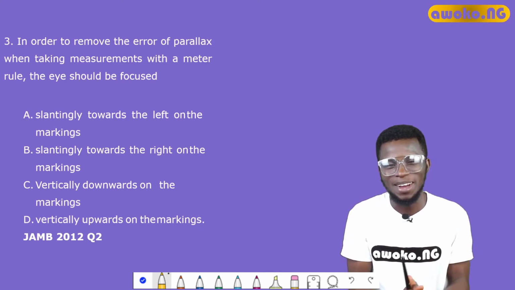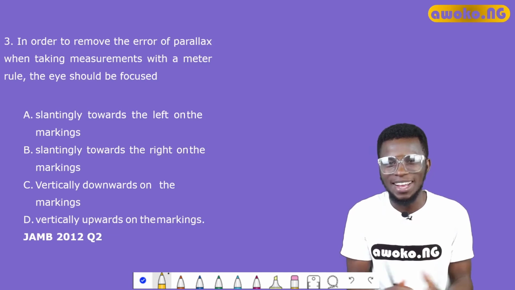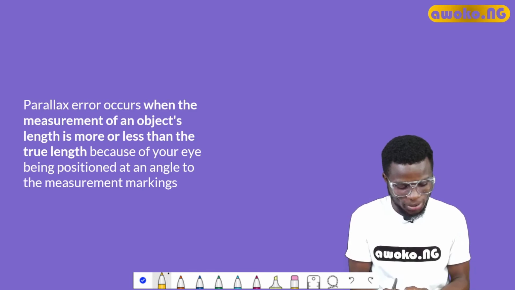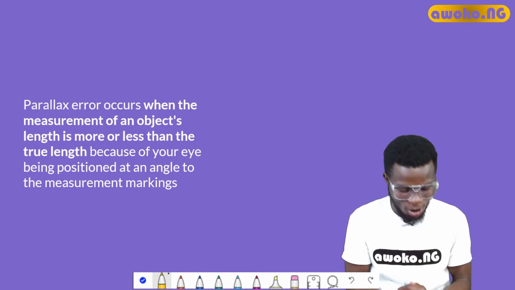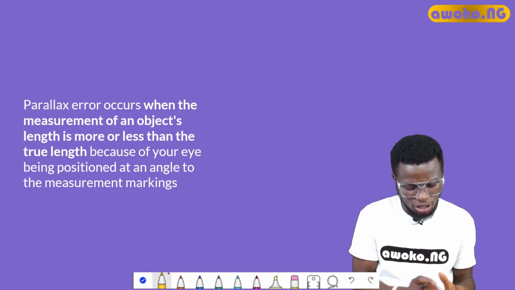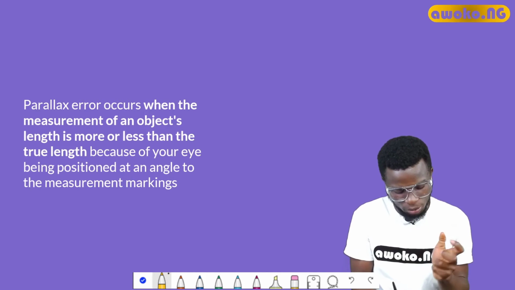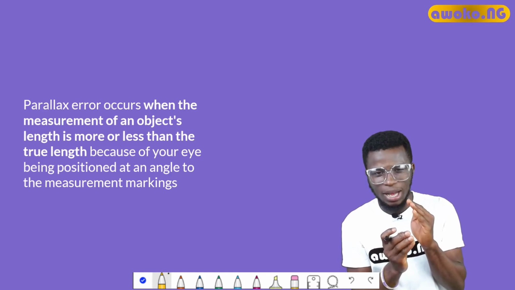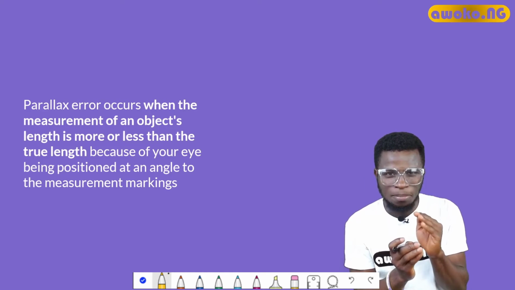And I'm sure most of you have that experience also. But what then is parallax error? Parallax error occurs when the measurement of an object's length is more or less than the true length because of your eyes being positioned at an angle to the measurement markings.